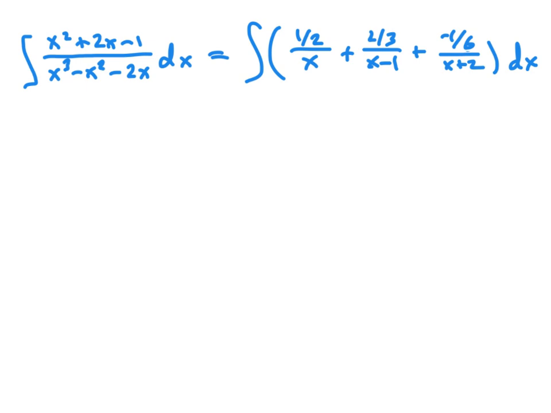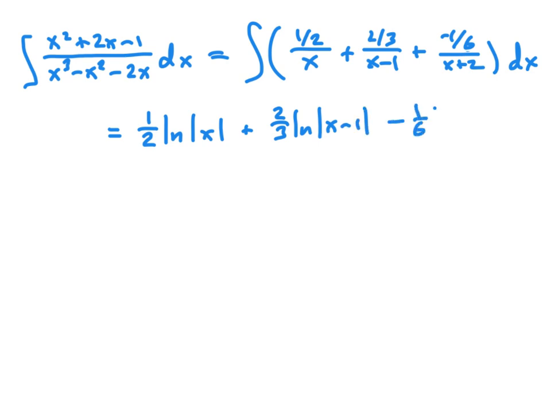Each of these three terms can be easily antidifferentiated using the natural log function, and so we end up with 1/2 natural log of the absolute value of x plus 2/3 natural log of the absolute value of x minus 1 minus 1/6 the natural log of the absolute value of x plus 2 plus c.